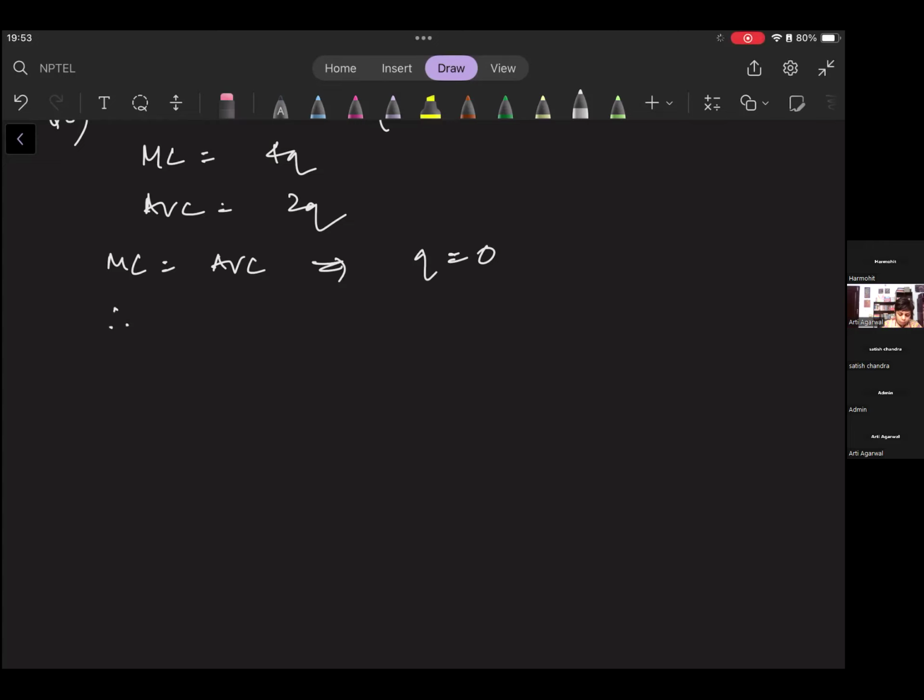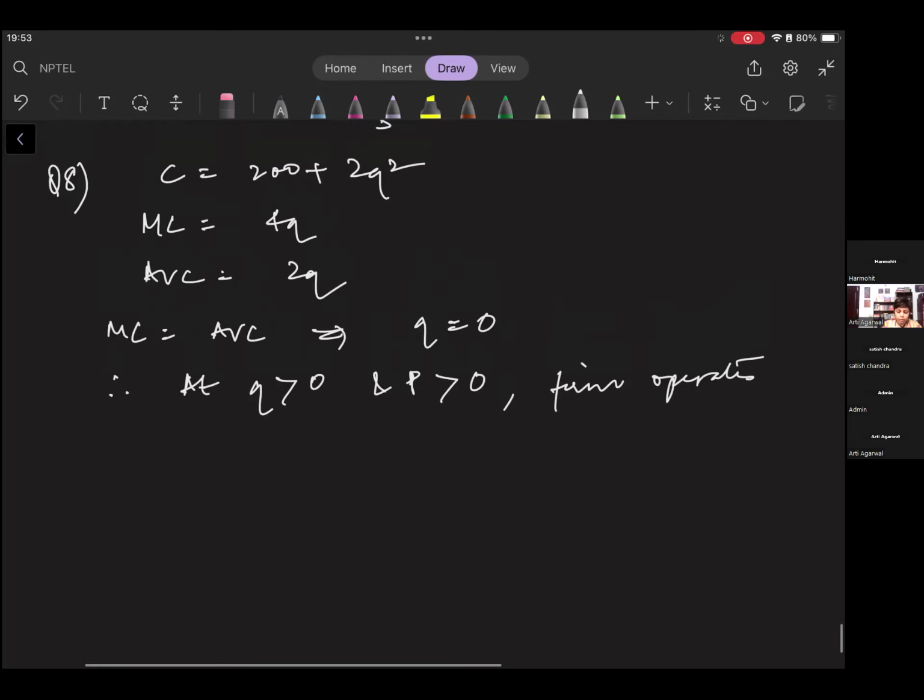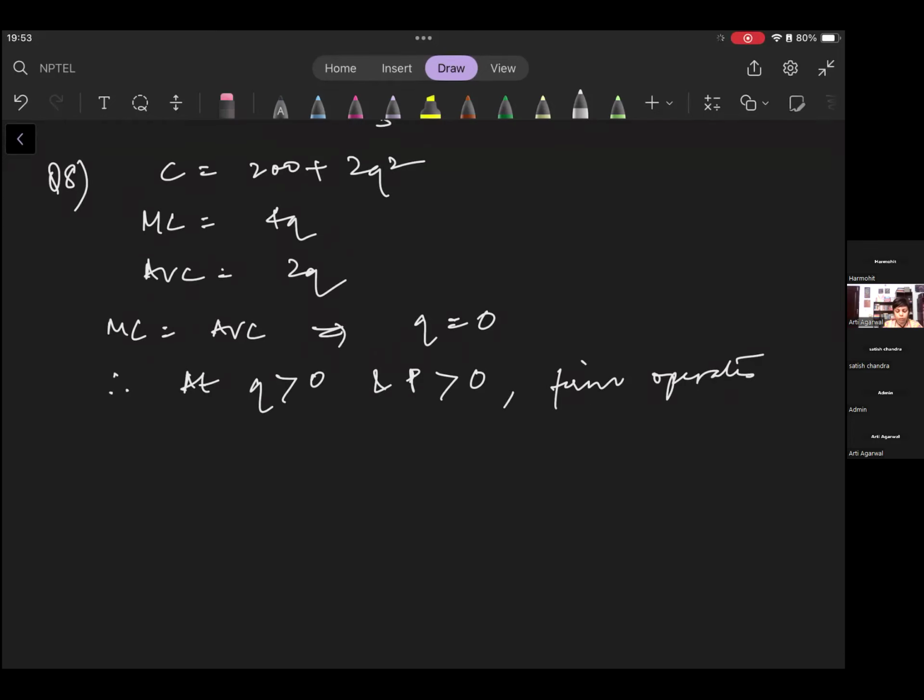Therefore, at Q greater than 0 and P greater than 0, the firm will operate. And marginal cost is equal to 4Q. So if Q is greater than 0, marginal cost is also greater than 0, which means price is greater than 0, the firm will operate.